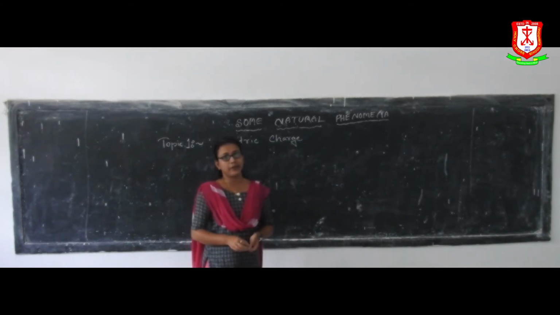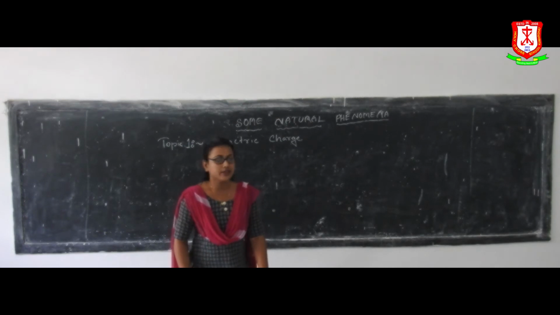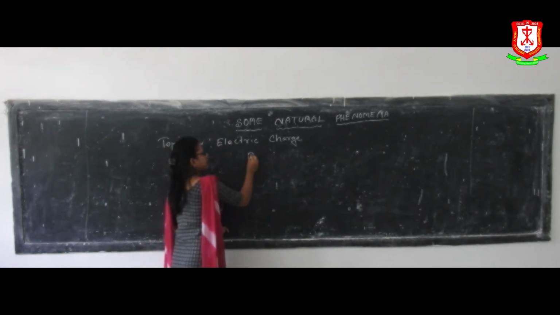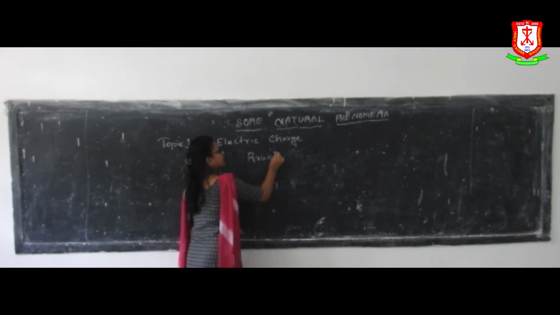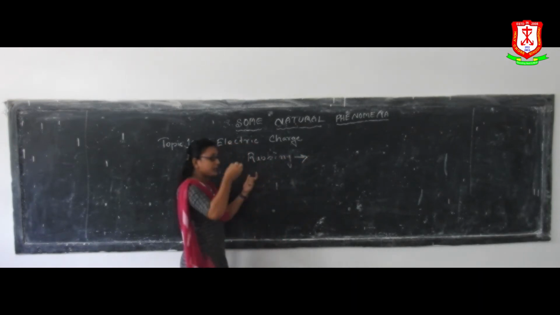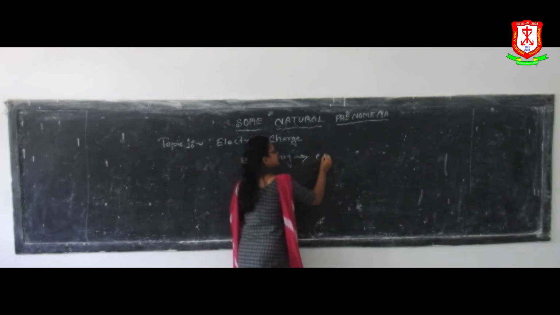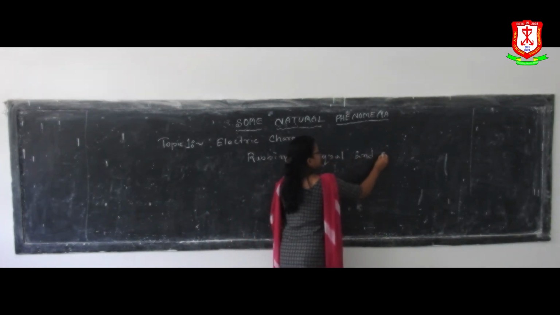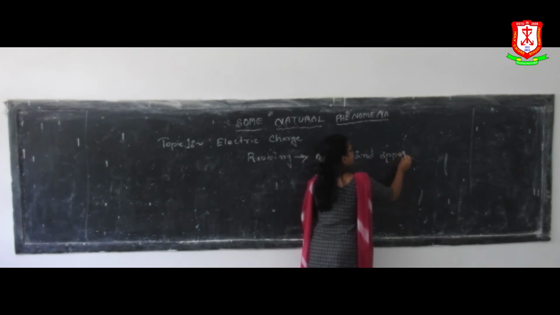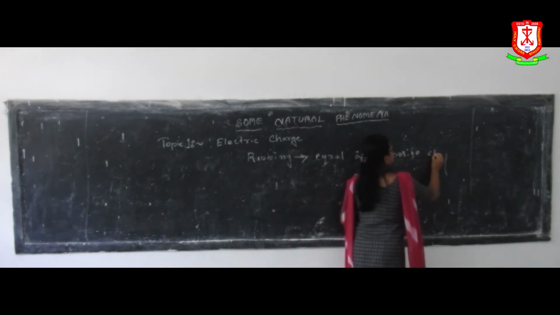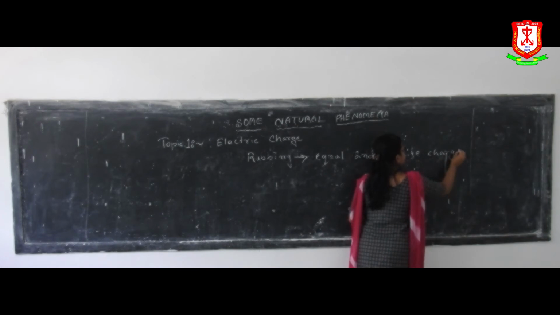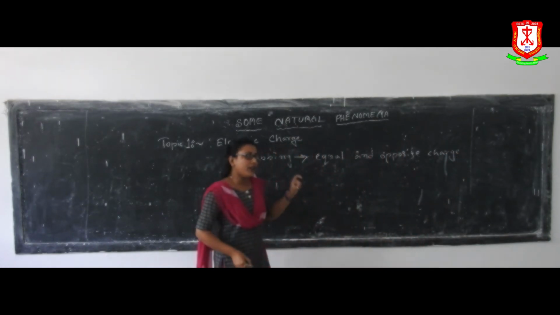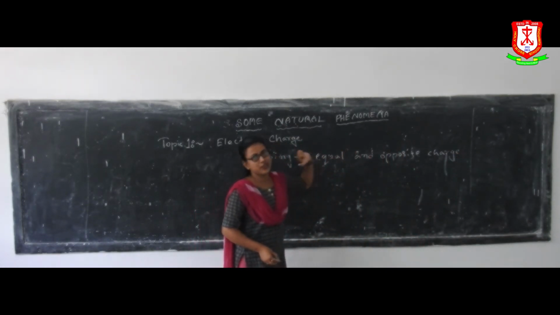In this experiment we observed that after rubbing the plastic with hair, they get equal and opposite charges. Remember this concept: if we rub two objects, they will get equal amounts of opposite charges.